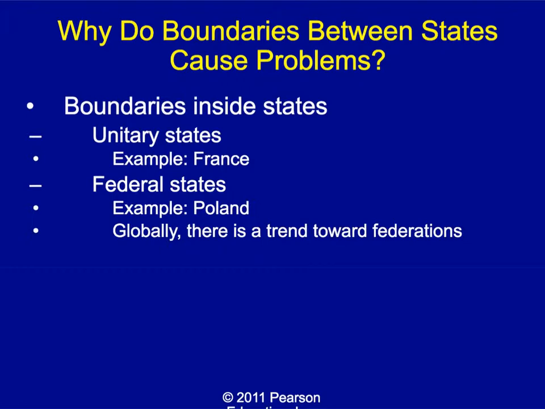Then there's something called a federal state. And a federal state is one that gives more authority to local governments. Example here would be Poland. And you can see this example on page 255, where in 1999, Poland adopted a three-tier system of local government. They were 16 provinces.